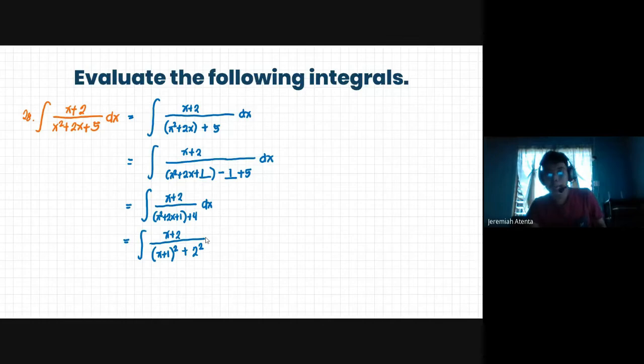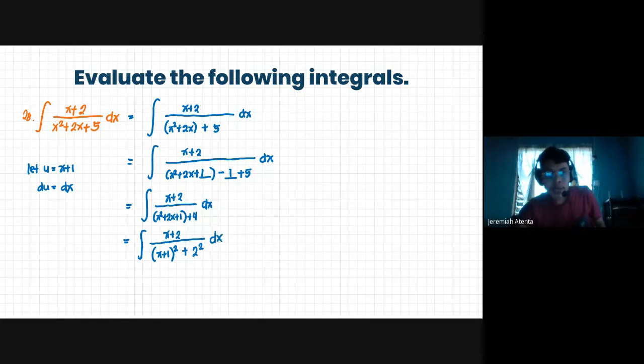Ano dapat yung u natin in this case? Si x plus 1. Yeah, because dapat isang variable raised to 2 dapat siya, right? So we will let u be equal to x plus 1. It will follow that du is equal to dx.